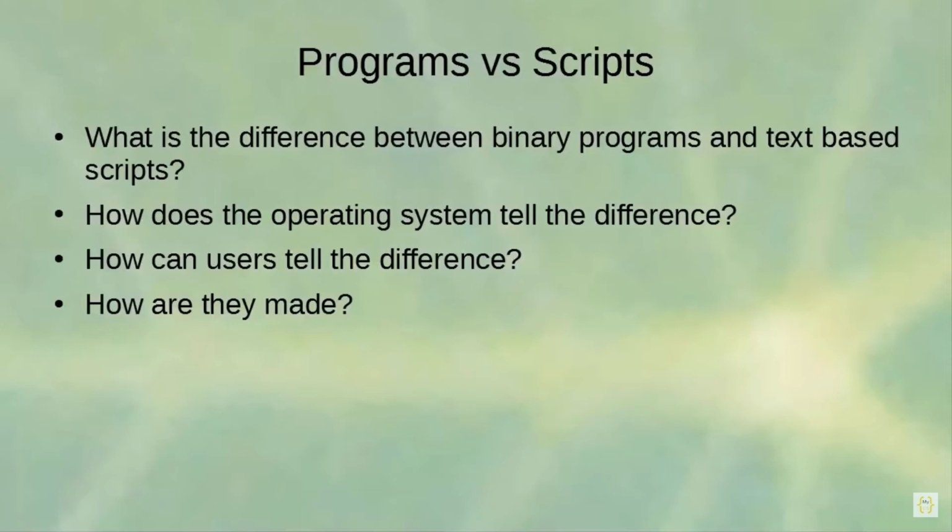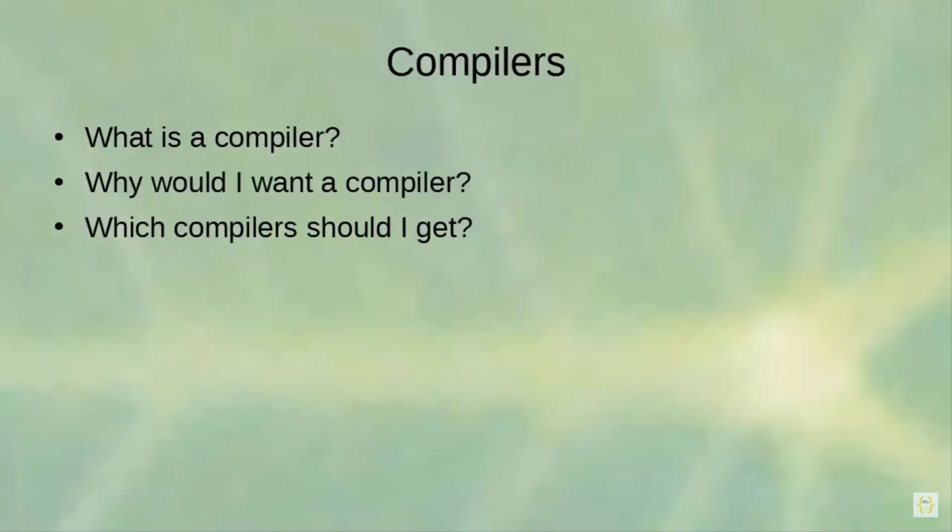How are they made? Well, you use text editors to create your text-based scripts, and use compilers to take source code that's made with a text editor and convert that to binary. So the conversion process happens with a compiler. So what is a compiler?